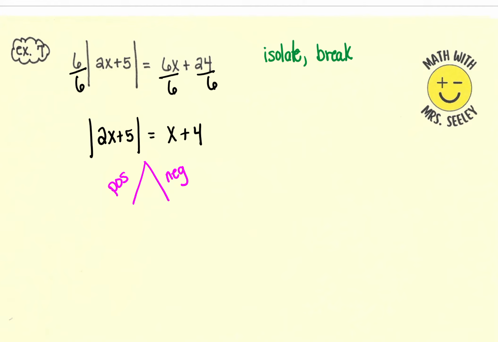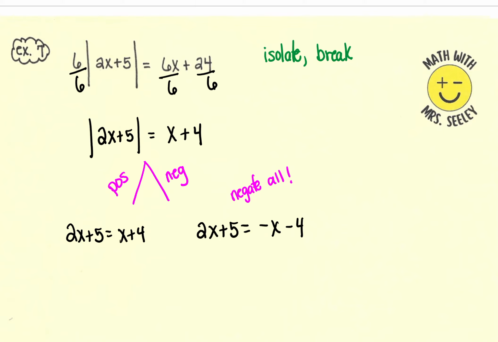And again, if you'd like to pause the video and try it on your own and come back and check with me. All right, so 2x plus 5 is equal to x plus 4. 2x plus 5, remember over here you're negating, so you're changing the signs of everyone. So that's going to turn into a negative x and a negative 4.